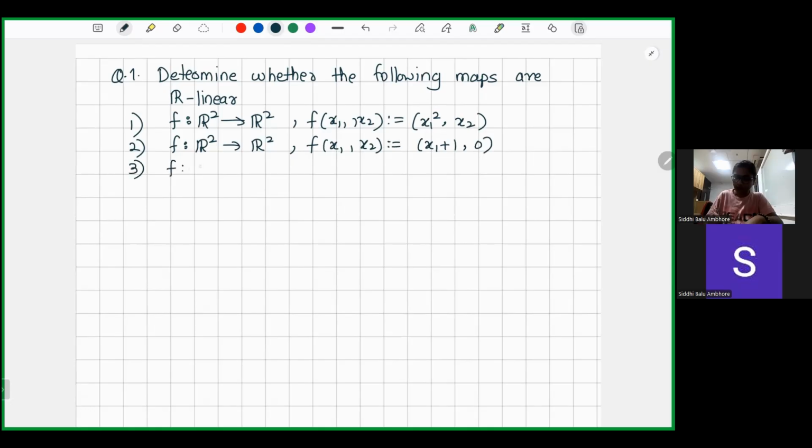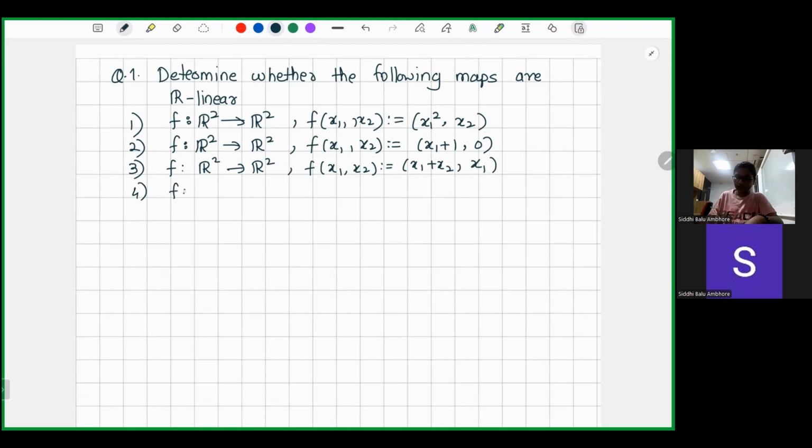Third one, f from R2 to R2 again, such that f of (x1, x2) is (x1 plus x2, x1).